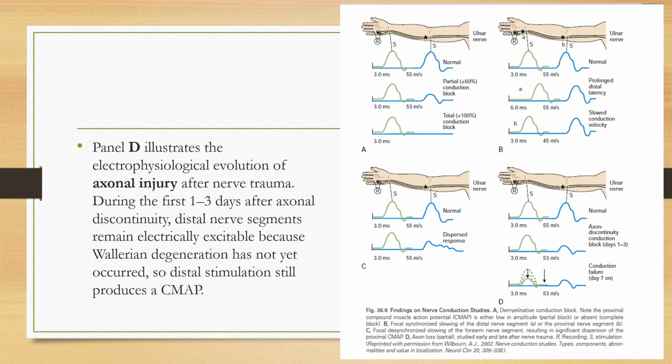Panel D illustrates the electrophysiological evolution of axonal injury after nerve trauma. During the first 3 days after axonal discontinuity, distal nerve segments remain electrically excitable because Wallerian degeneration has not yet occurred, so distal stimulation still produces a CMAP.